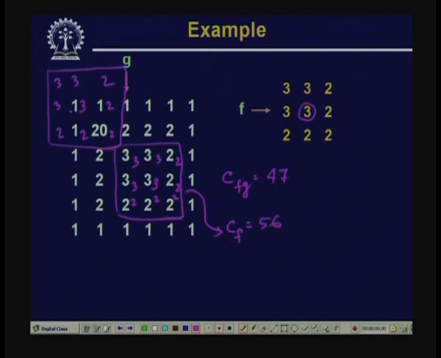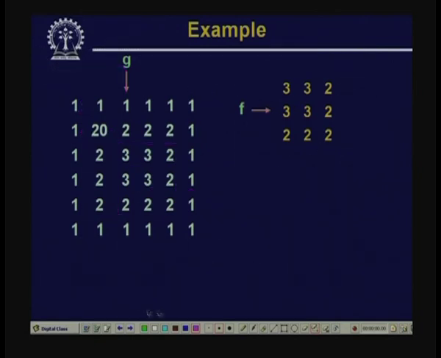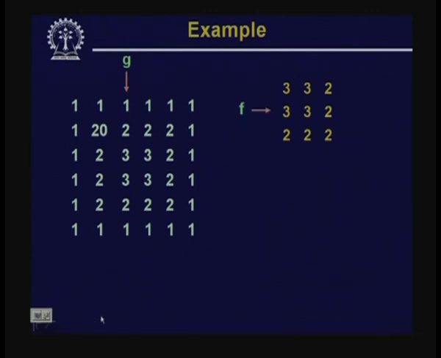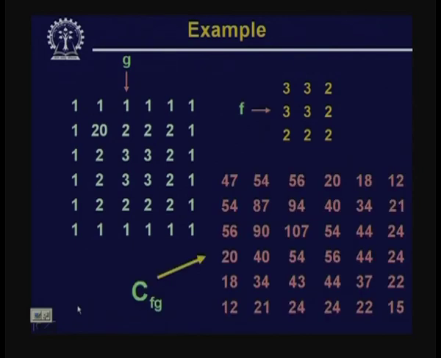So, like this, for all possible shifts within this particular image, I have to find out the cross correlation value. And if I complete this cross correlation computation, you will find that finally I get a cross correlation matrix which is like this.